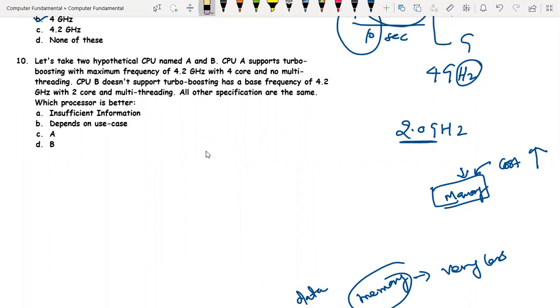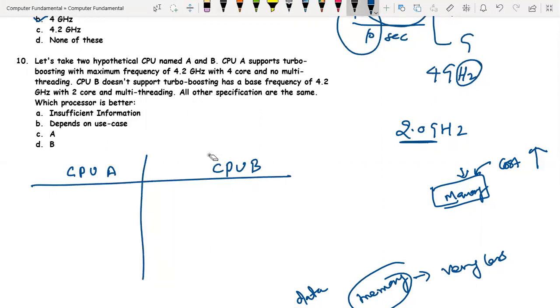Still had problems. Okay. So this is CPU A and this is CPU B. I am putting it in a chart so that things are clear. CPU A frequency is 4.2 gigahertz.